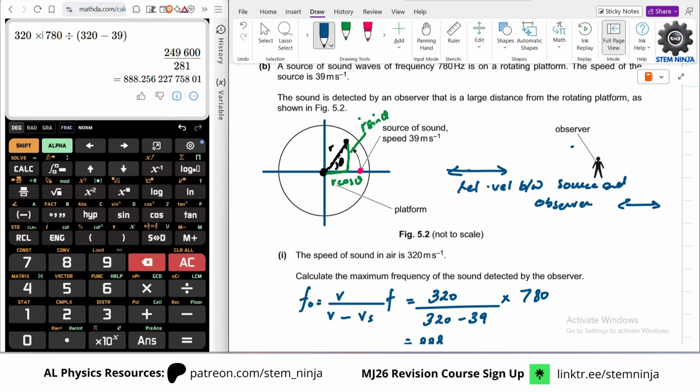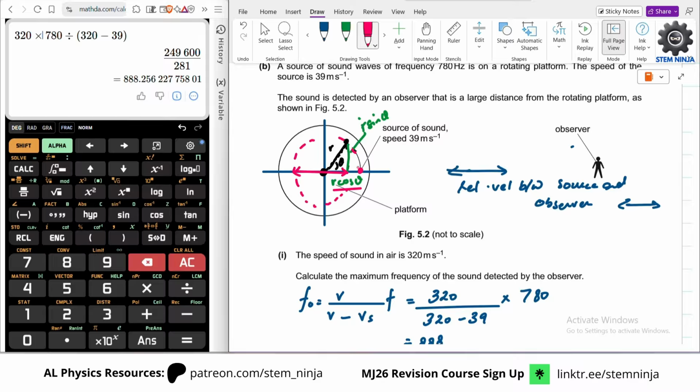This is the displacement that we are interested in, the horizontal one, because this is the one that's changing. This would be the horizontal displacement necessary for us to study. Horizontal displacement is given by r cos theta.